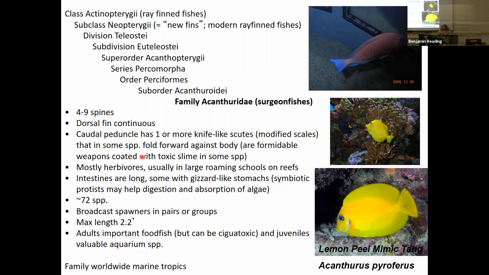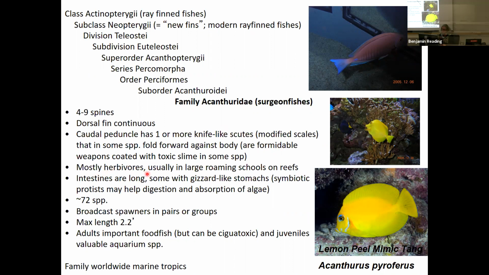In some species, it can fold forward against the body, and it's sharp. It's kind of a weapon. And in some species, this sharp scute is coated with a kind of toxic slime, so that if something scratches themselves against it, it poisons them.